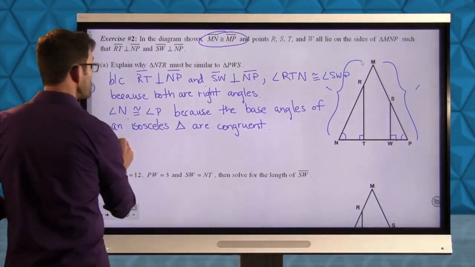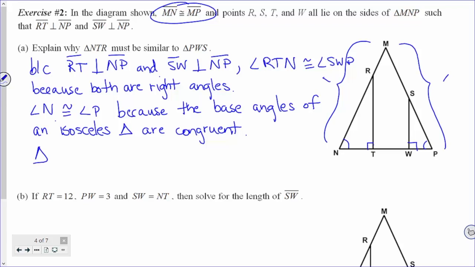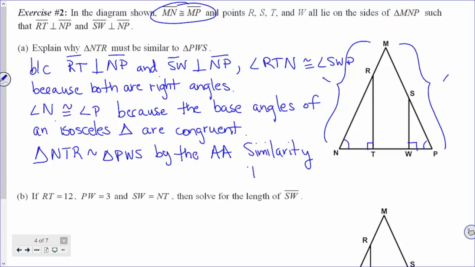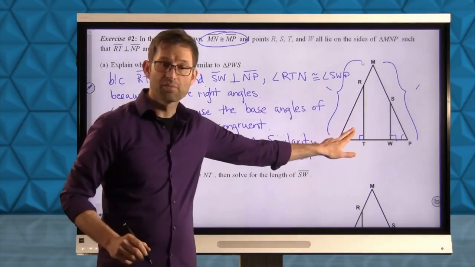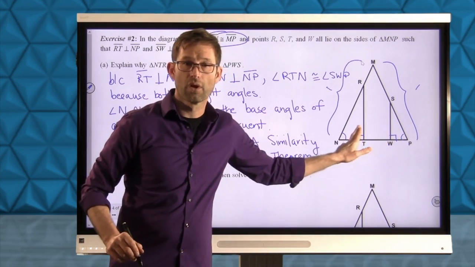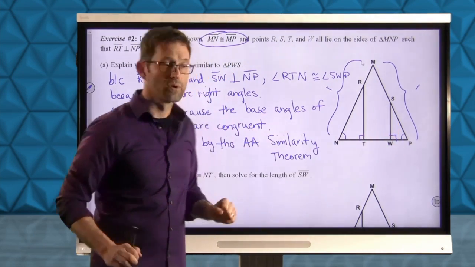I can now say triangle NTR is similar to triangle PWS by the angle similarity theorem. All right, that's cool. This smaller right triangle, or sorry, this larger right triangle, similar to this smaller one.